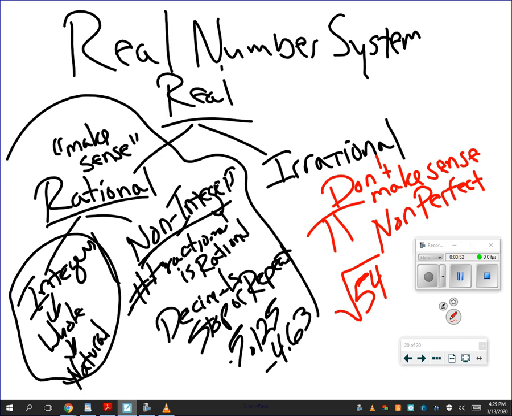Now, speaking of non-perfect squares, we need to find where they live. We can't pinpoint it exactly, but we can get a pretty good idea by finding where it lives, as close as possible. Going back to the square root of 54, I'm looking at 7.348 and so on.